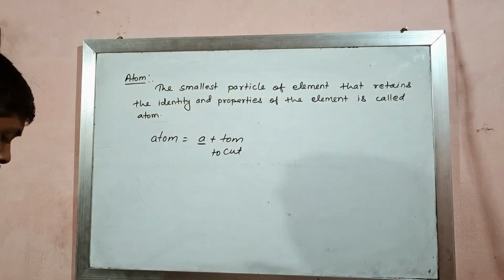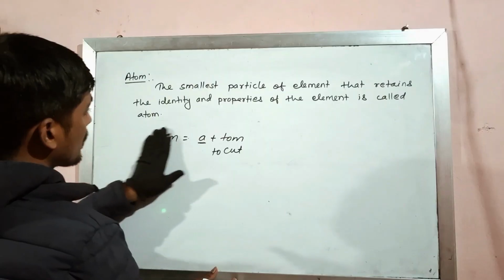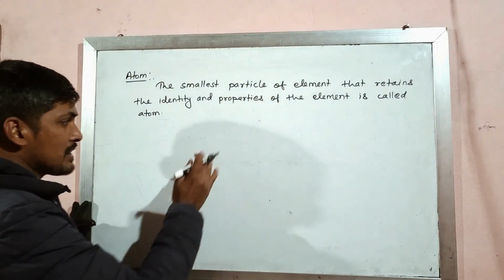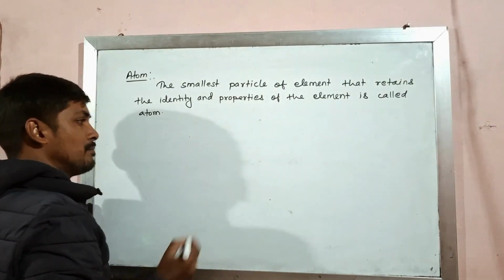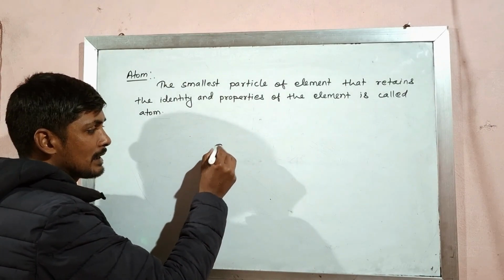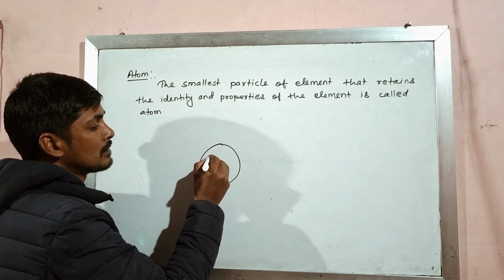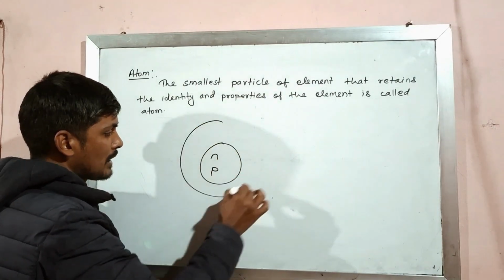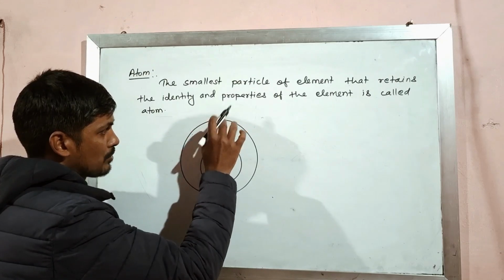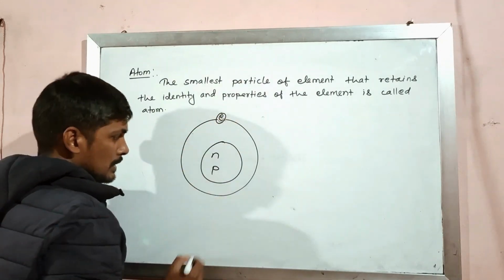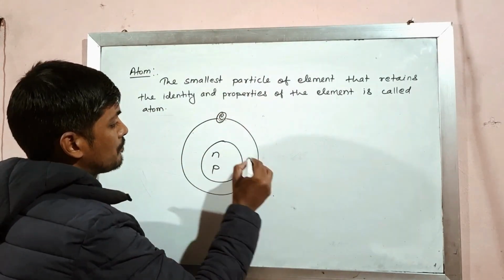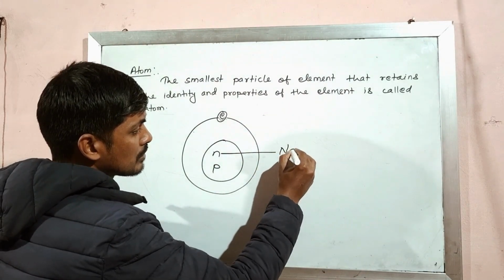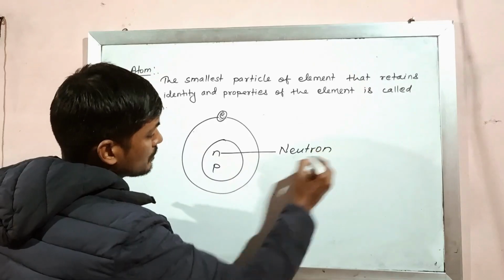Now let us see the structure of atom. When we talk about the structure of atom, then an atom has mainly neutron, proton, and electron. Here, N represents neutron.